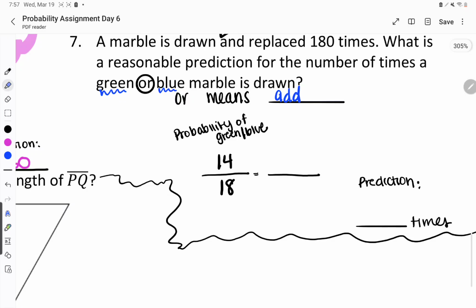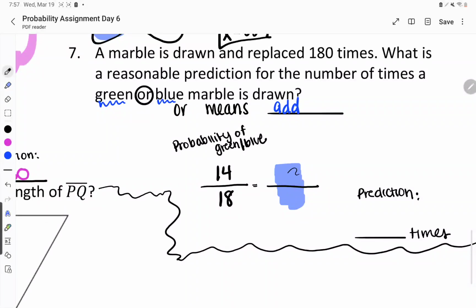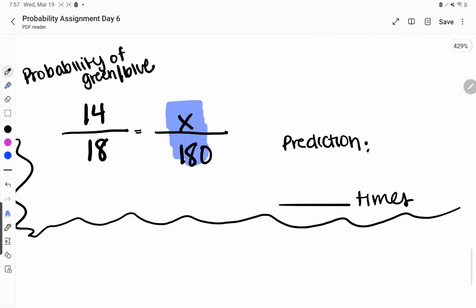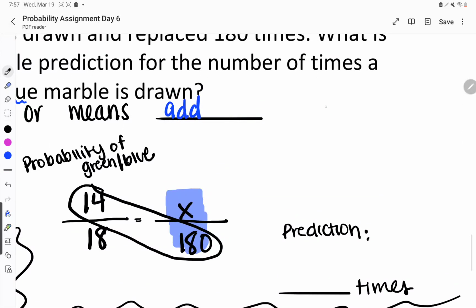And then what would go in this ratio over here? X over 180. We solve proportions by cross multiplying. So I have 14 times 180.